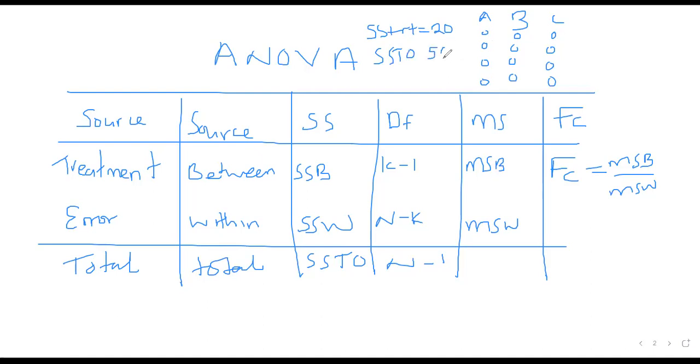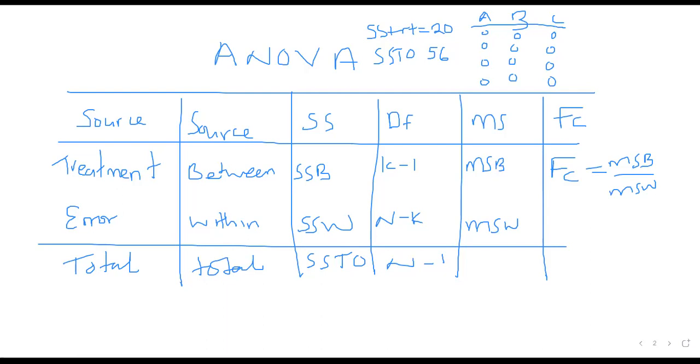So let's learn how to balance this. Can somebody tell me what our K is from the data we have? Our K is 3.